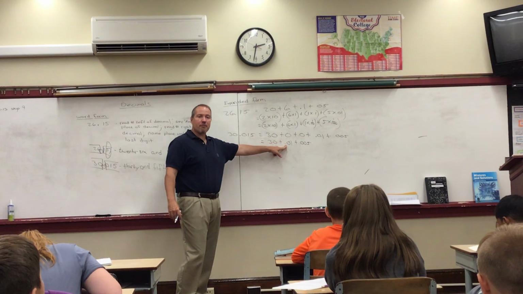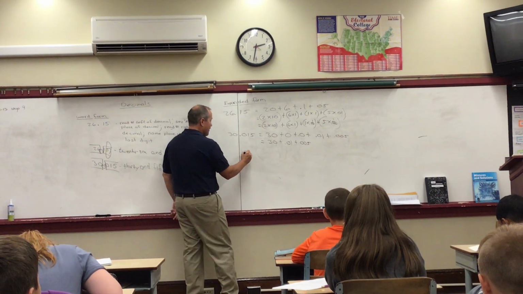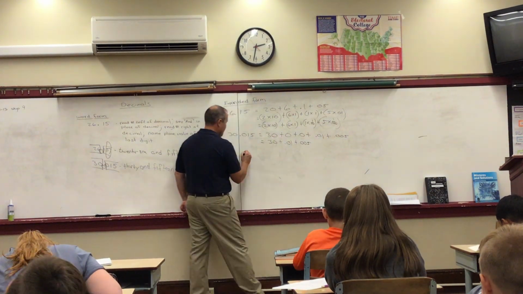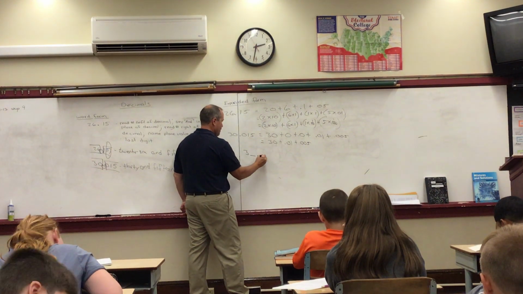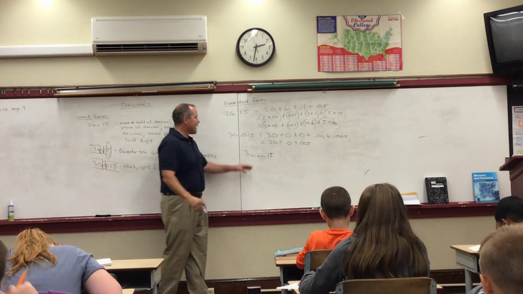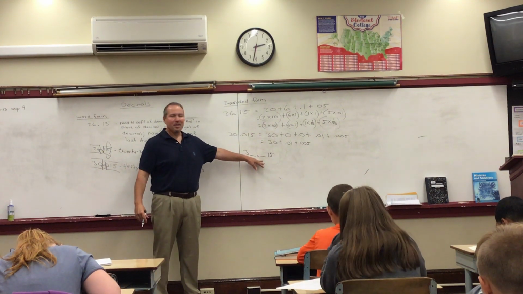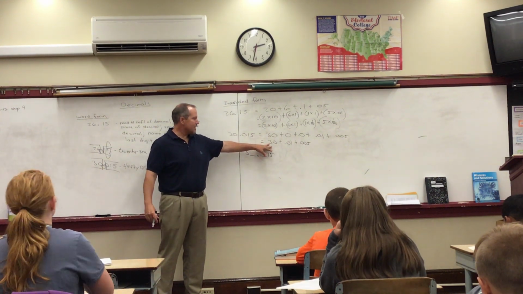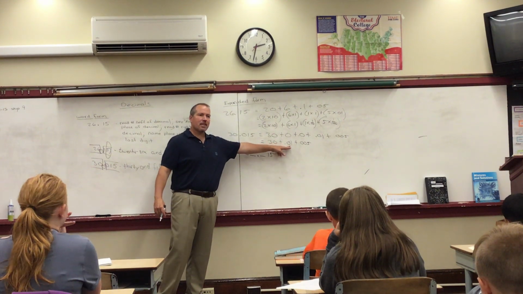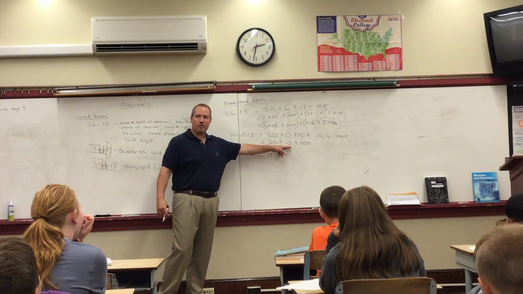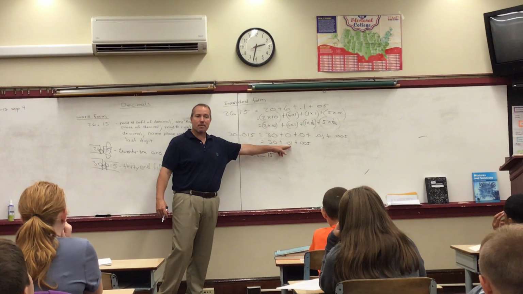Well, if we have this, we can't just leave the ones place and the tenth place blank, and so you would know that this is in the tens and this is in the hundredth, that we have to have a 0 in the ones place and a 0 in the tenth place. Make sense?